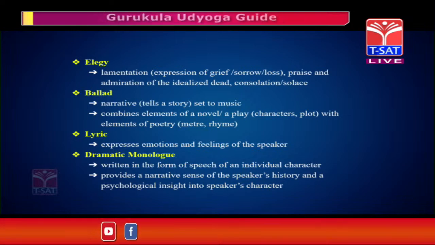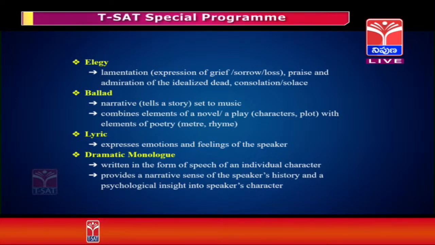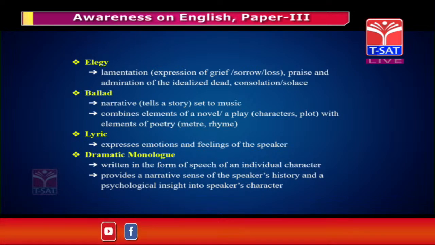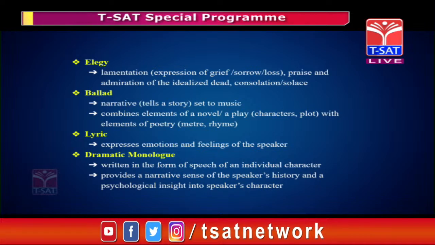The element of a novel or a play is that it narrates a story. It has a plot, something happens, it is a narration of events that take place. So it tells us a story, and it also combines it with meter and with rhyme and rhythm. So this is a ballad.